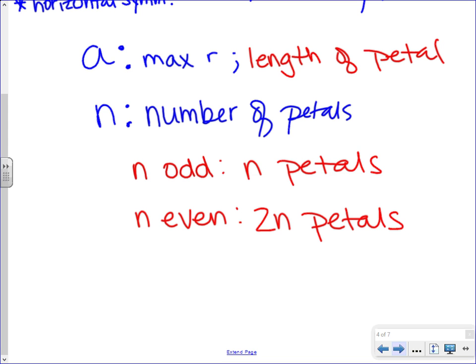We're going to space them evenly apart. So we're going to use that knowledge to help us. I am not going to make you find every single significant point, but we are going to have to find zeros. Those are going to be important. But once we know where one petal is, we can figure out where the rest are just by symmetry. Okay? So we'll take a couple of shortcuts there.